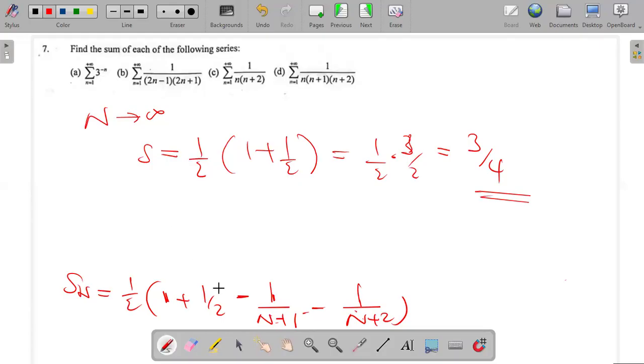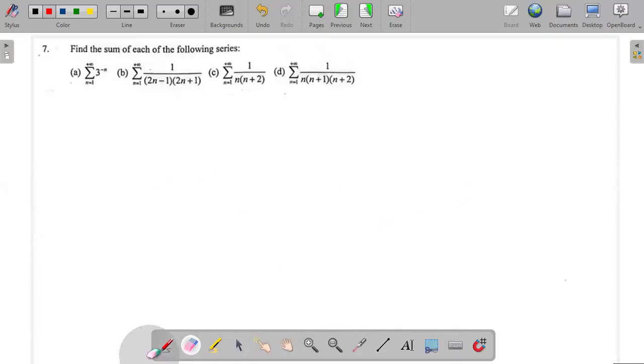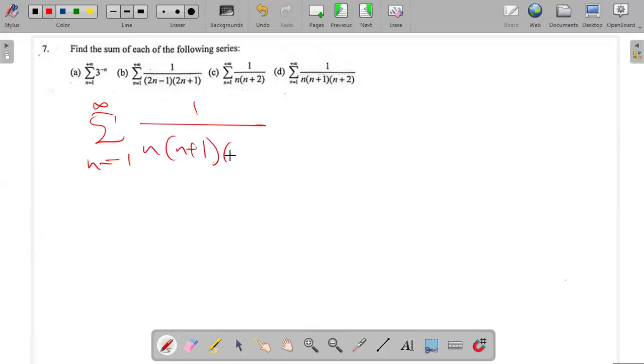Okay, next, and the last one, you have the summation from n equals 1 to infinity of 1 over n times n plus 1 times n plus 2.